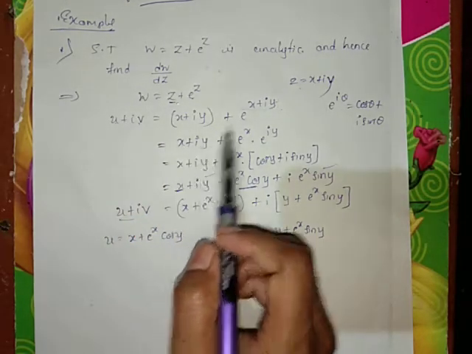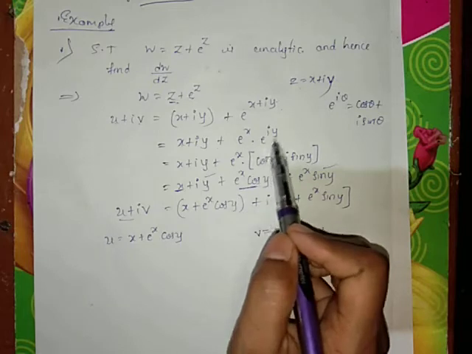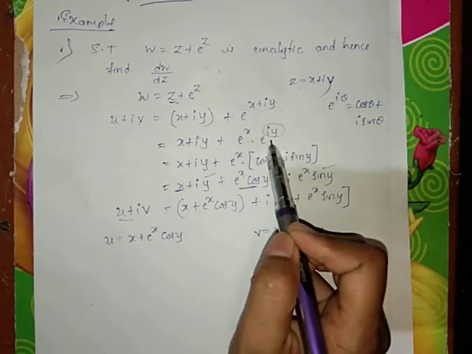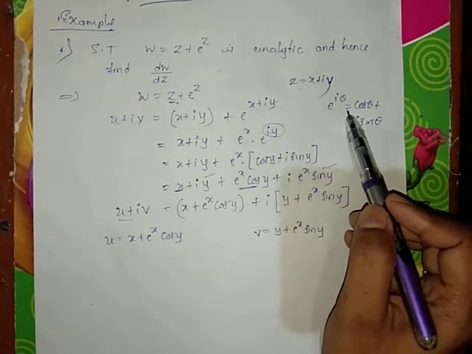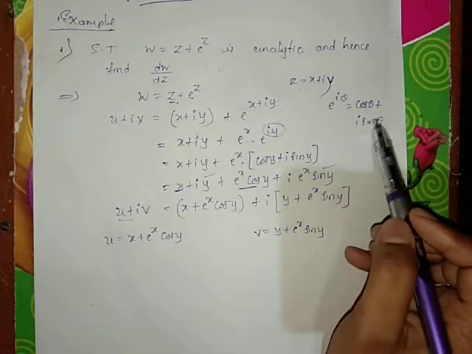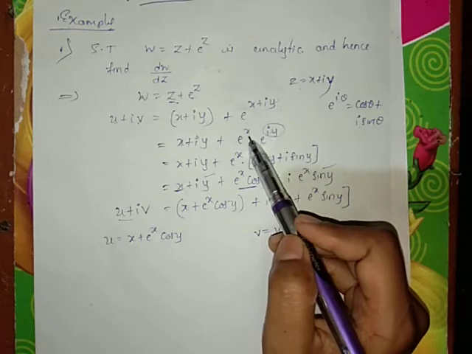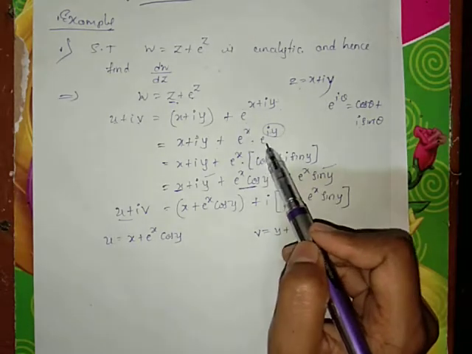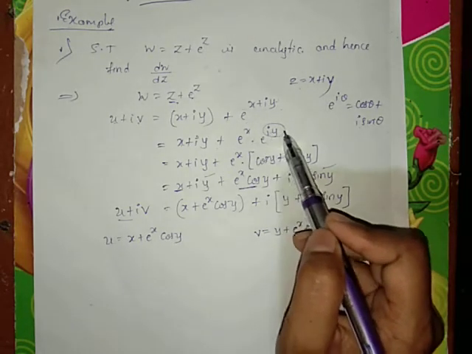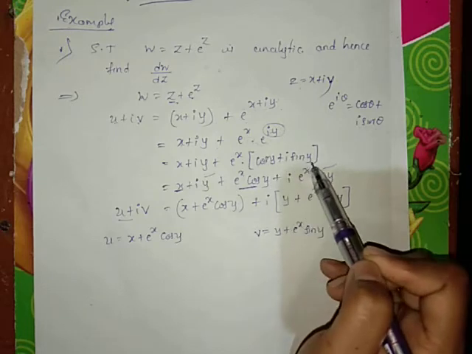E raised to iy uses the formula e raised to i theta equal to cos theta plus i sin theta, so e raised to x plus iy equals e raised to x into e raised to iy, and e raised to iy is cos y plus i sin y.